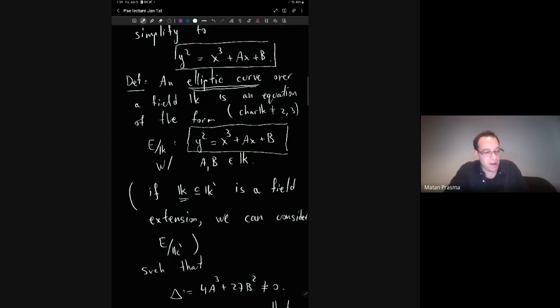So for us, it will be convenient to simply assume we work in characteristic that is not 2 or 3, because the equation is much more convenient, and as a result, all the stuff we build on it, all the calculations and so on, will be simpler. Any questions so far?